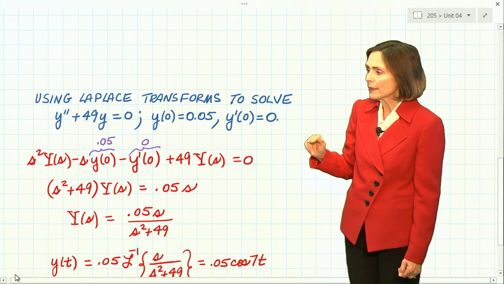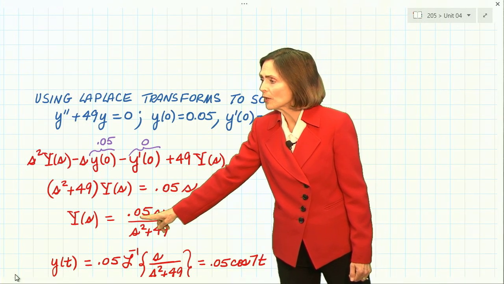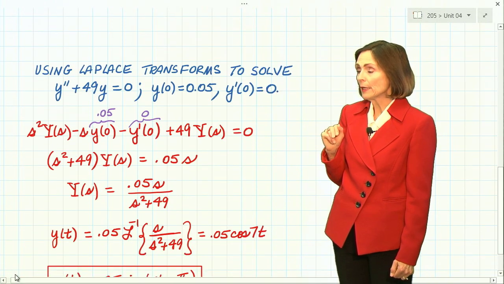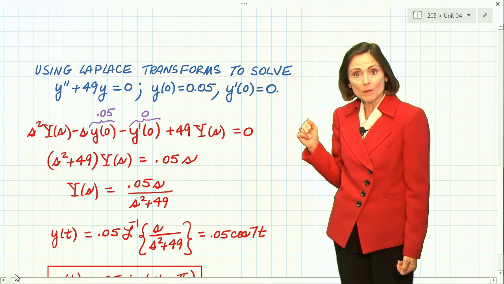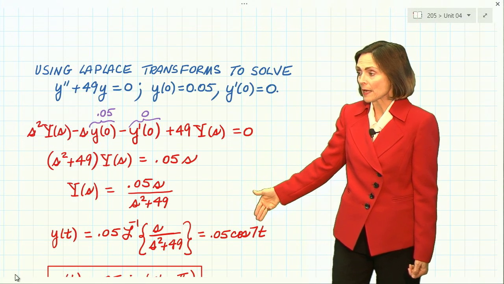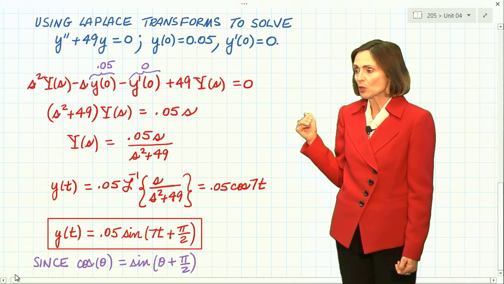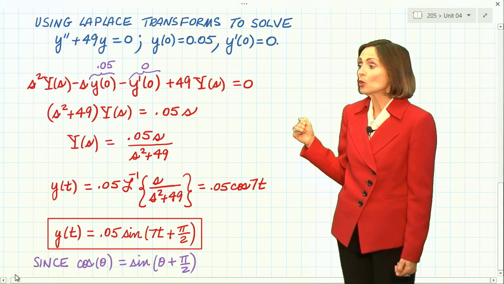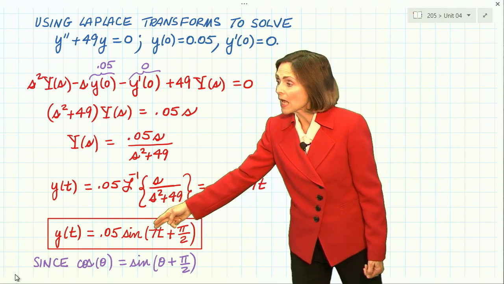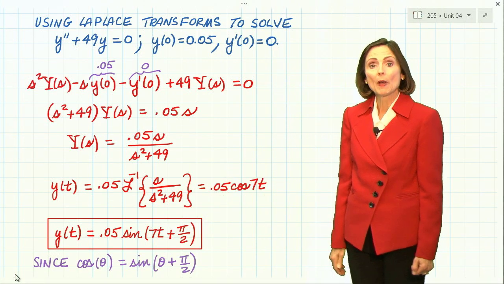Solving for capital Y of s, we end up with 0.05s over s squared plus 49. When we take the inverse transform to find y of t, we get 0.05 cosine 7t, but we want to use a trig identity to write the cosine 7t as sine of 7t plus pi over 2.